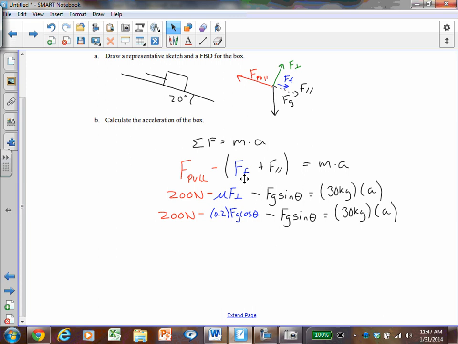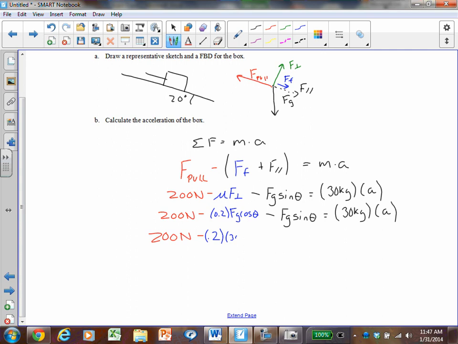What's FG? 300 newtons. So we're going to have 0.2 times 300 newtons times the cosine of 20 degrees minus 300 newtons sine of 20 degrees equals 30 kilograms times A. What's 0.2 times 300 cos 20?